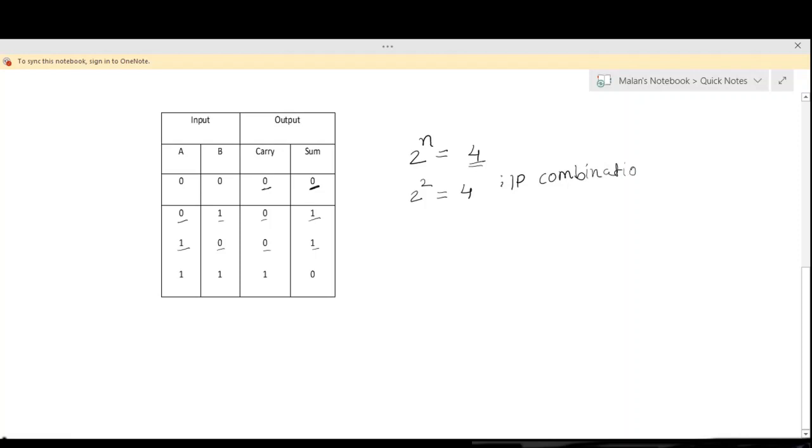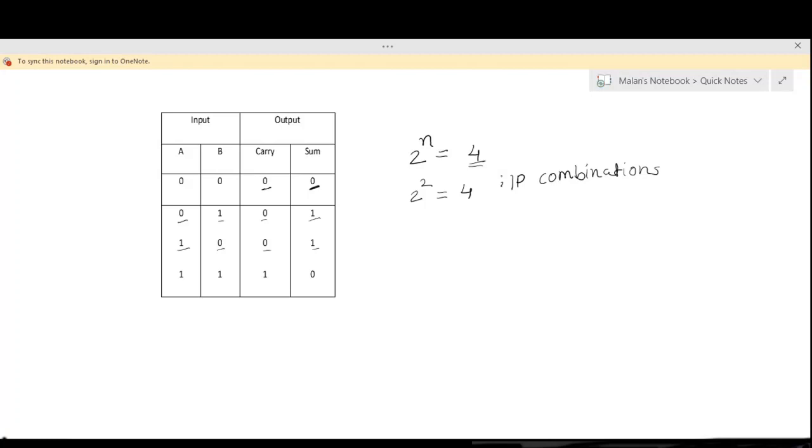If I take 3 variables for the full adder, then 2 raised to 3, that is 8 input combinations, you have to show. Now if the question is asked like this: design the half adder, at that time, first you have to identify the input values for the half adder. Then you have to draw the truth table.